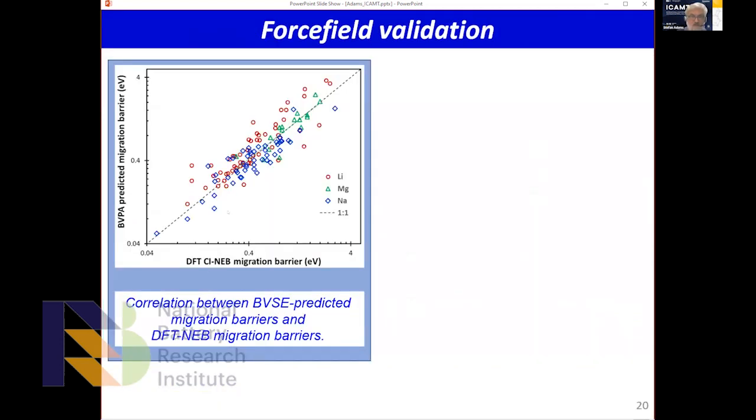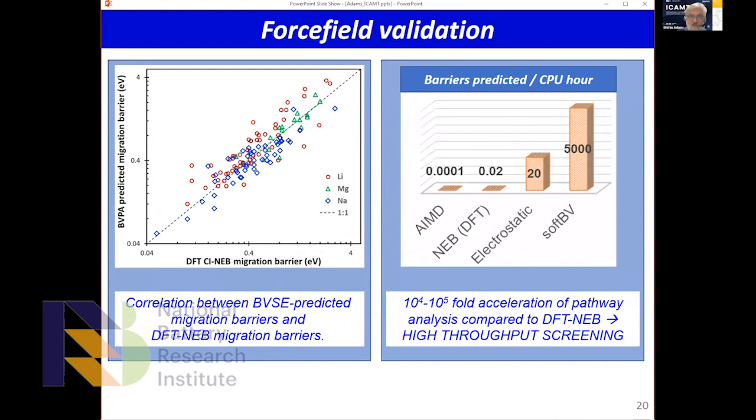It's a very simple tool that can run on any Windows laptop, and still the accuracy is comparable to what you can do with DFT simulations on supercomputers, and it is much faster.